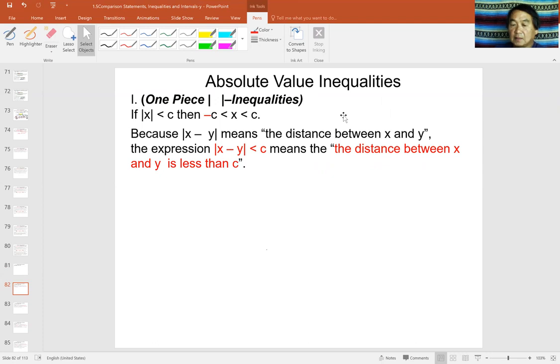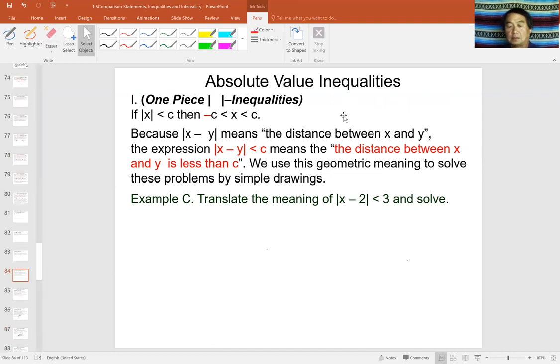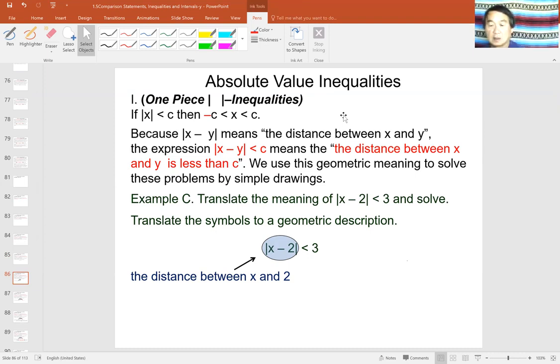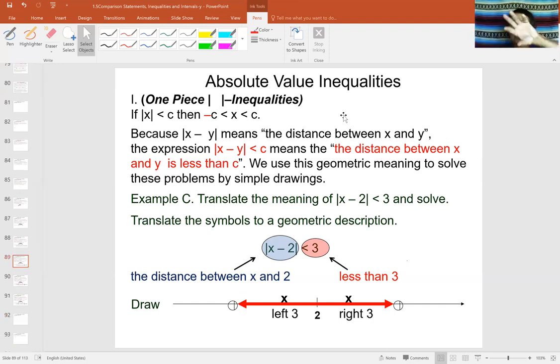In fact, this is the picture for translating the phrase absolute value of x minus 2 less than 3, first into English or whatever your natural language is. That's the distance between your point and the house number 2. It has to be less than 3, within 3. It couldn't be too far off. So it has to be within this boundary of 2. You go to the right from 2, 3 up, and from the center 2, go 3 down, and that's all the axes.